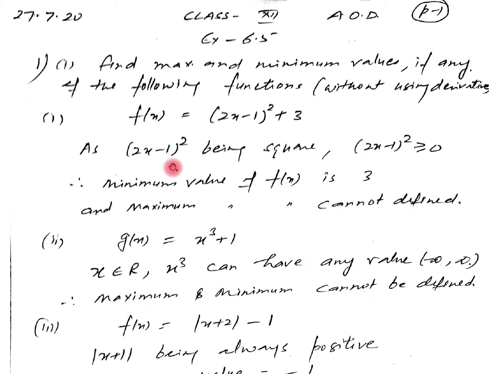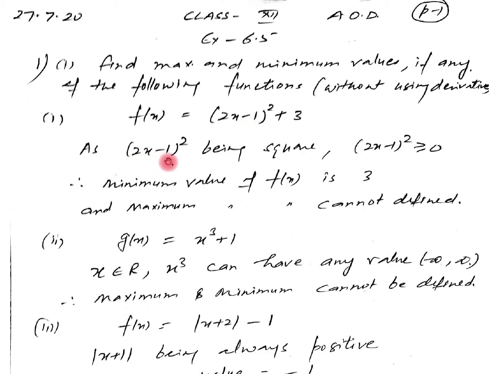Now we know that (2x minus 1) whole square, being a square, is always greater than or equal to 0. Therefore, this value is always greater than or equal to 0. It can have any value. Therefore, we can say the minimum value of f(x) is 3, because the minimum value of this will be 0. Otherwise, it is greater than 0.